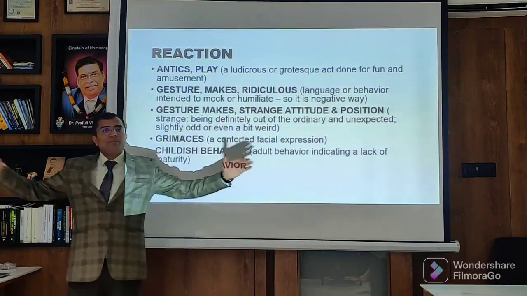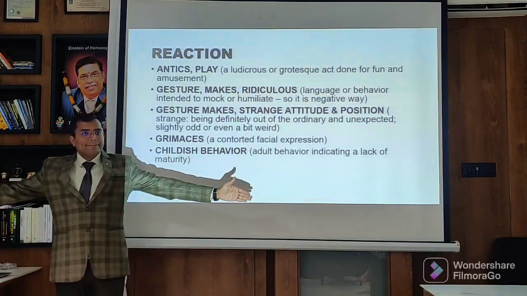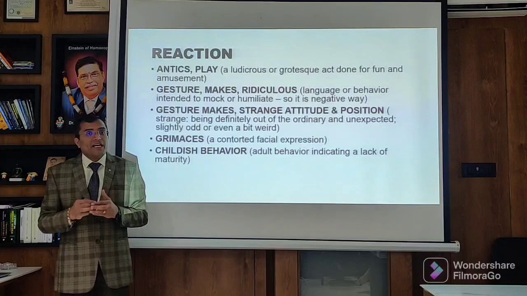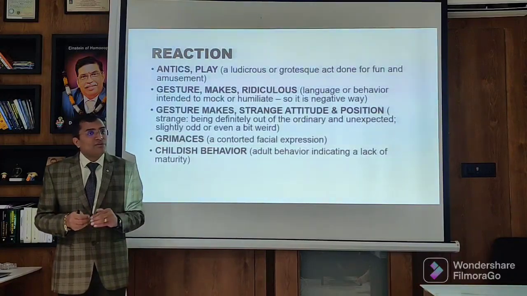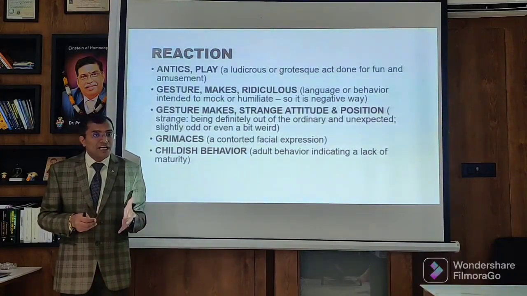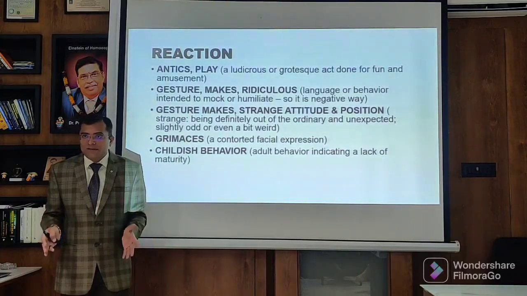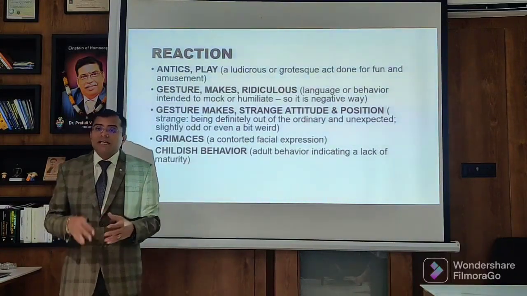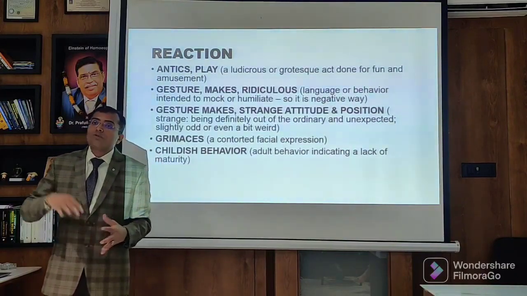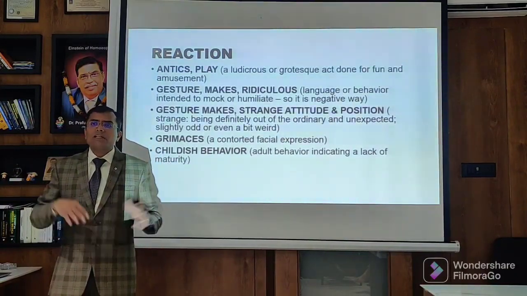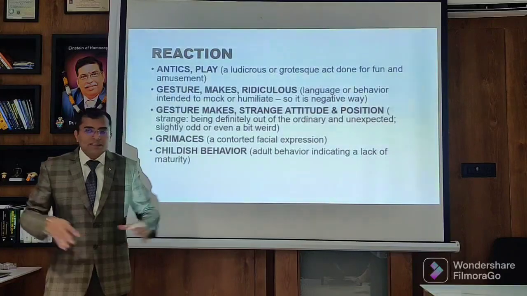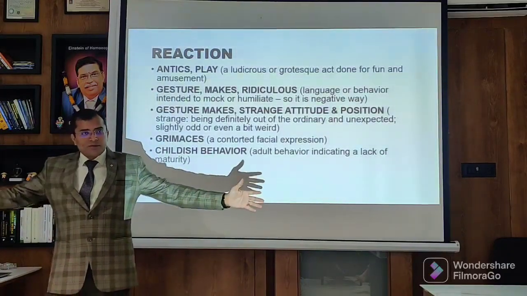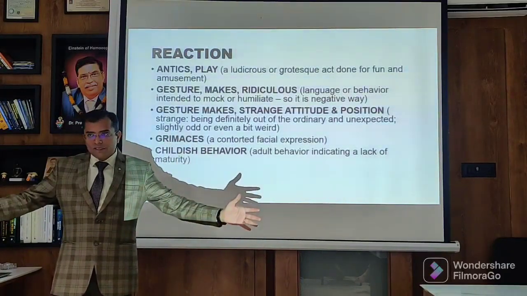So childish behavior is a very broad rubric. When a person, an adult, cannot understand the gravity of the situation and behaves like a child, it is childish behavior due to lack of maturity. And the child who becomes so mature and behaves like an adult, it is called precocity. So here are the two apart poles, precocity and childish behavior. Are you getting me?